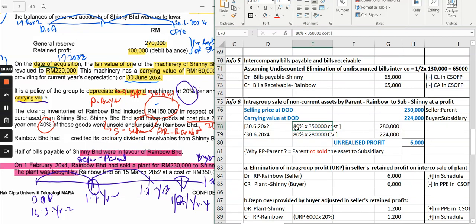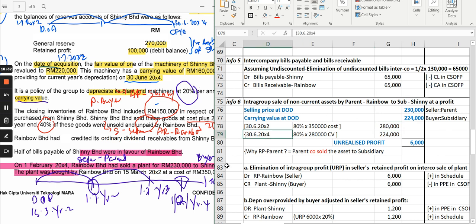So take the cost. So by 1 year, it will reduce by 20%. So 80% times 350,000, and this is the carrying value. Or you can also take 20% of 350,000 and then take 350,000 minus that amount that you calculated. But this is easier. You just reduce it by 20%.